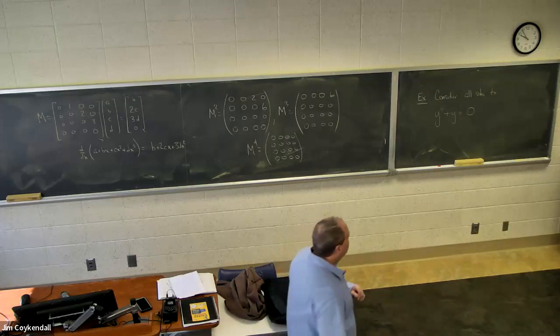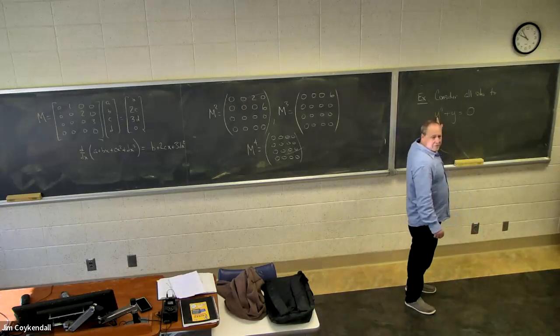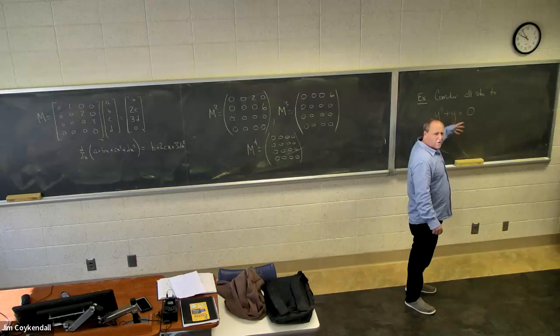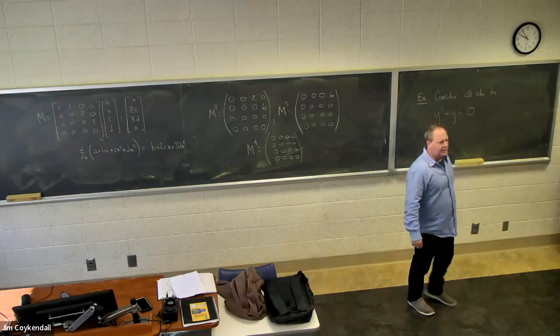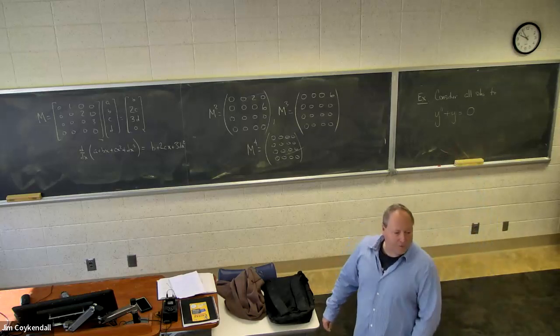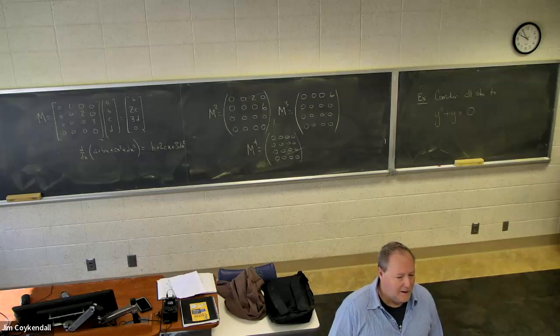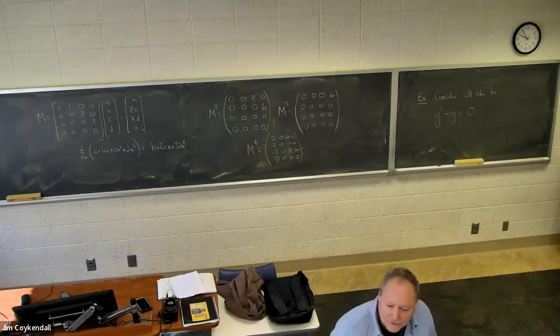I don't know much, but I do know that when I take the second derivative of this function and add it to the function itself, I get 0. So in other words, taking the derivative twice is basically like changing the sign of the function. One function that satisfies this is 0. This is actually the collection of all of these. This is a vector space. Anybody know another solution?